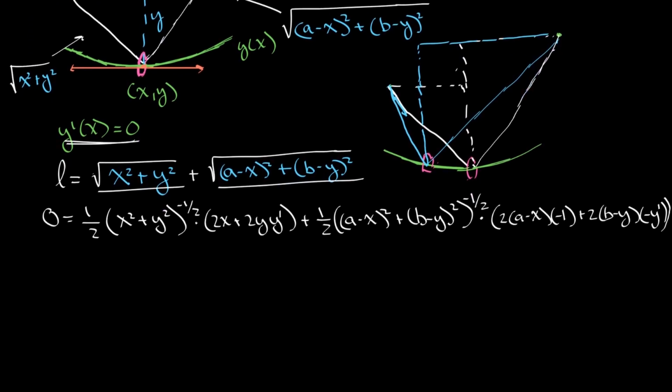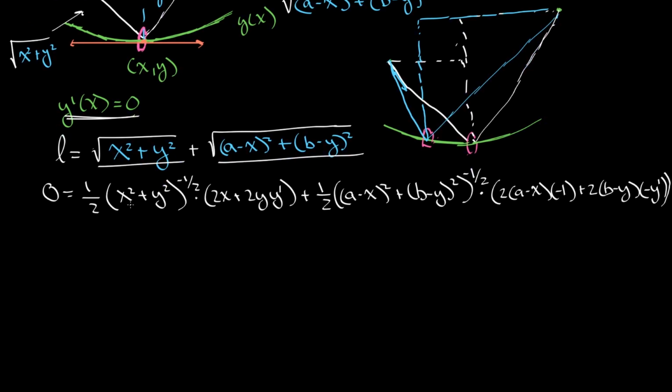So let's simplify, and it looks like we have a denominator here, so we can write that guy out first. So we have 2 times the square root of x squared plus y squared in our denominator, and then in our numerator, it looks like we can factor out a 2. So let's factor out 2, and we're left with x plus y times y prime. All right, so that's this whole first thing here.